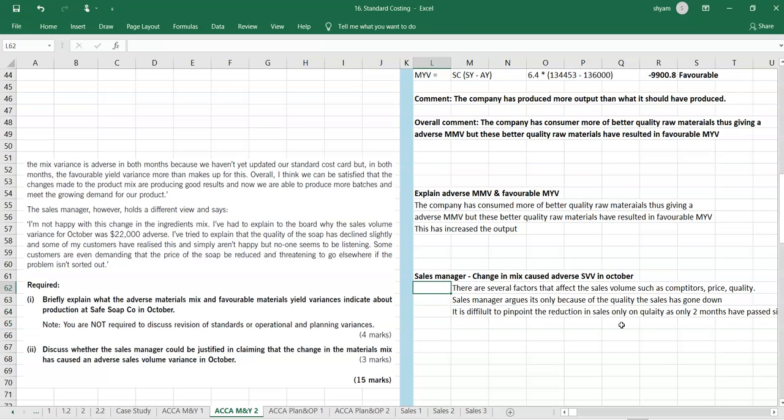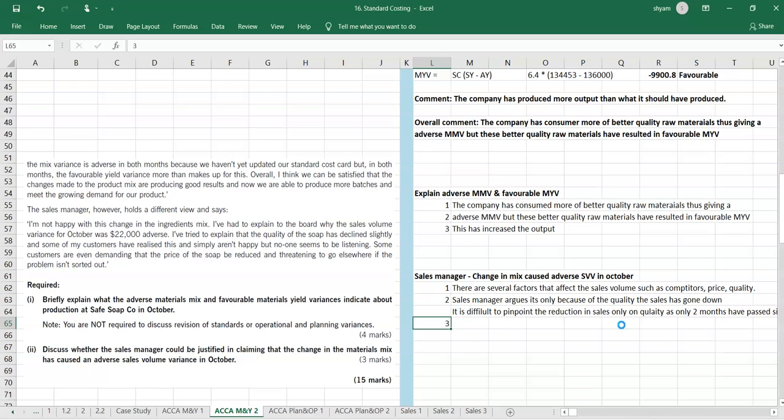Okay, so the first one is there are several things that can affect. Number two is it's really difficult to pinpoint the things. Okay, so 2 points we have got. So here, the first one was using better quality has led to material mix variance being adverse and material yield variance being favorable. So that is like 1 point and 2 point, and this has also increased the output. So that is actually a good third point. But as far as the sales manager is concerned, it is difficult to exactly claim.